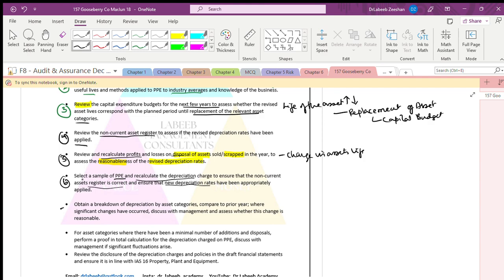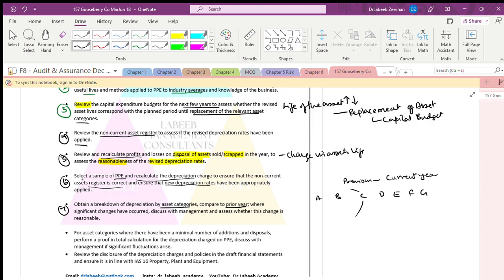Now, point number 7: obtain a breakdown of assets. You will have assets A, B, C, D, E, F, G. Take one asset, say C, and compare what happened in the previous year with what happens in the current year. This is one of the standard substantive procedures.